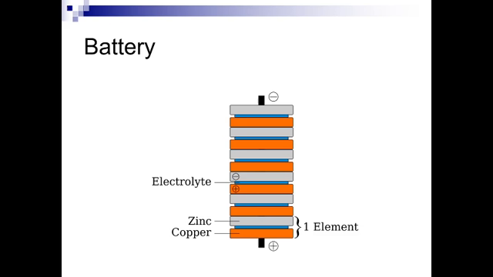And so in a simple voltaic pile, each element, the simplest old ones were zinc and copper, would be separated by an electrolyte cell. Each one would provide a small amount of electric potential difference, a small voltage.